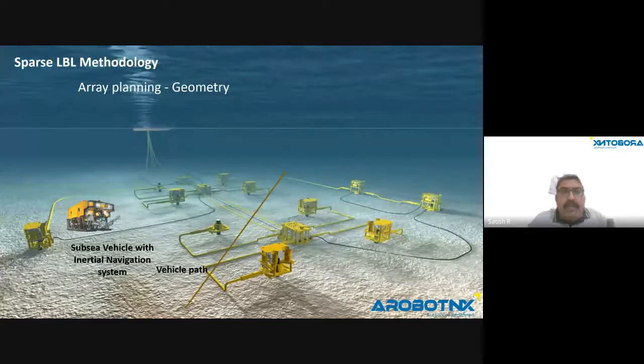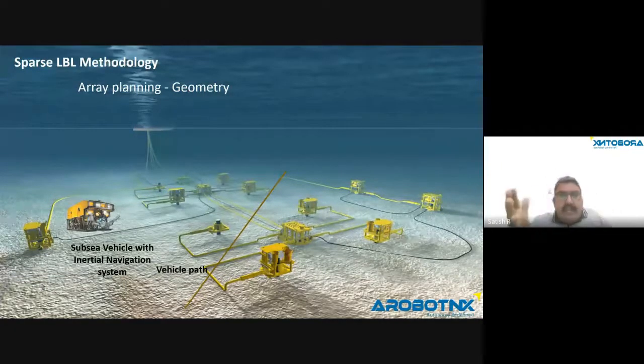So the first important point of the Sparse LBL method is to first fix your INS, because you are saying the INS is more powerful and you want your INS to be one of the references. So first, understand the scope and draw wherever you want to measure, from what point. Suppose this is the vehicle path where I want them to work, from a northwest to a southeast line.